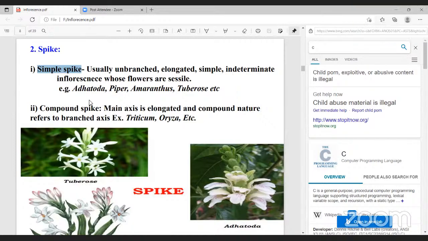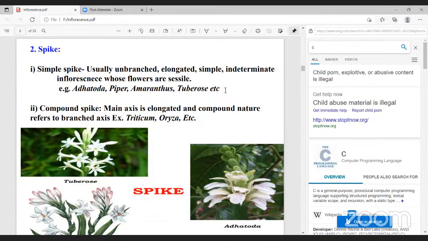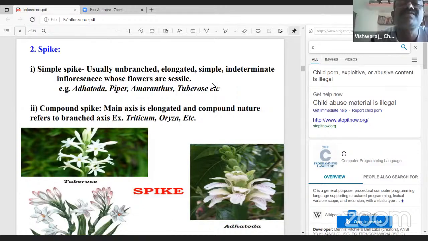We have seen this terminology. What is sessile? Sessile means without stalk, without pedicel. Here this flower has no stalk, no pedicel developed.